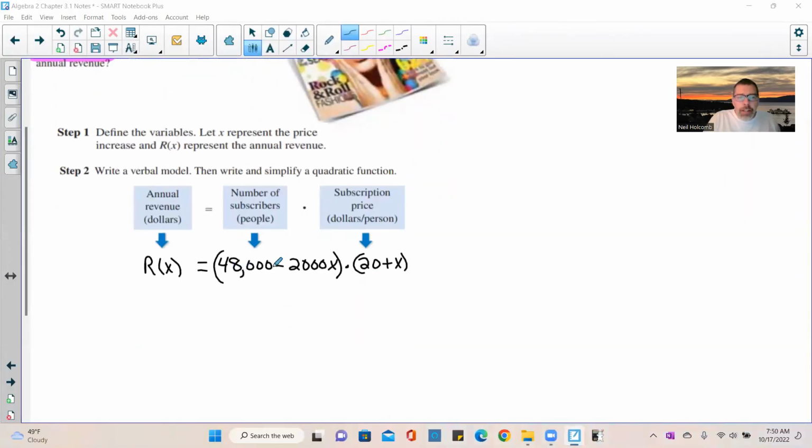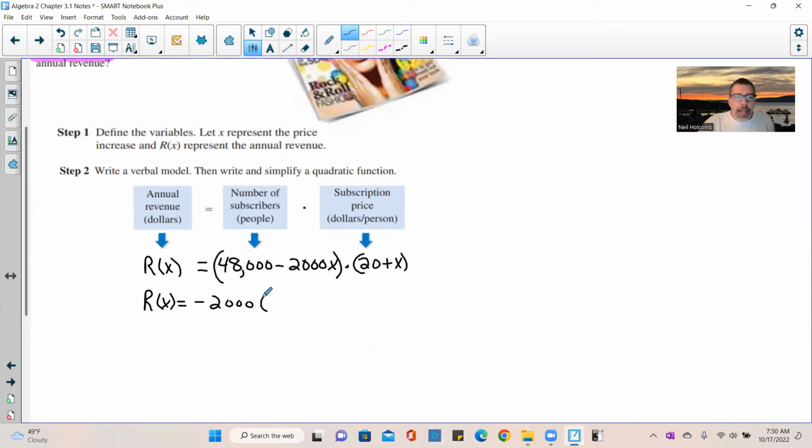Okay, so if I look at this first parentheses, I can factor out 2,000 because 2,000's even and 48,000's even. So I'm going to end up with R of x equals, I'm going to factor out a negative 2,000. And I'm going to put the x first because I want to put this in standard form.